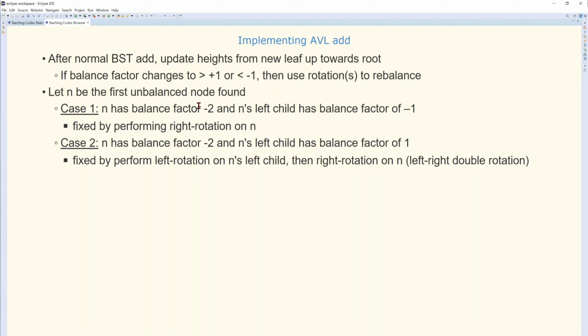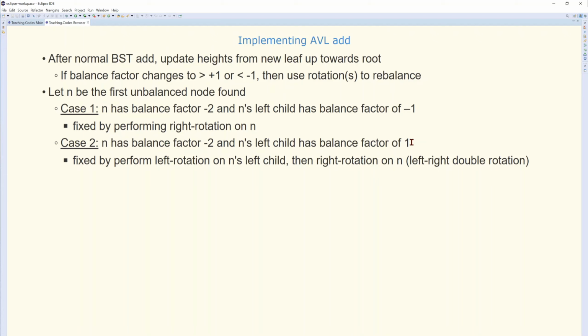So if you see a -2, then you immediately look at the left child. If the left child is -1, you say, okay, that's case 1, and I know how to solve it. Earlier we wrote the code for the right rotation, apply right rotation there. Now, if you see, again, a node with case -2, but its left child is not -1, but it's +1, then you say, oh, okay, this is a case 2.